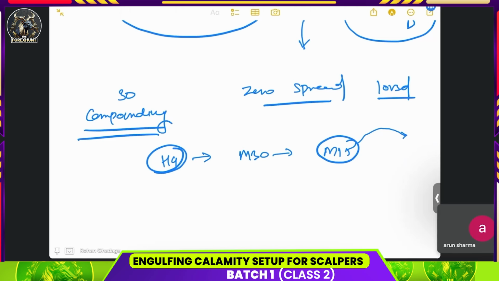You have to enter with a lot of patience. Sometimes you will miss the entry, but the reward is very high. For example, you got the M15 zone from 2315 to 2317. Your SL is here at 2320. This becomes 50 pips.